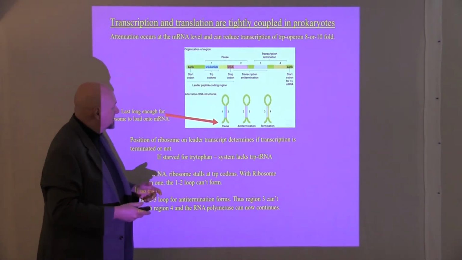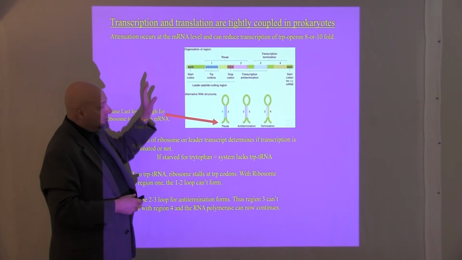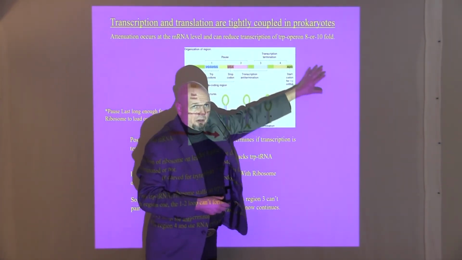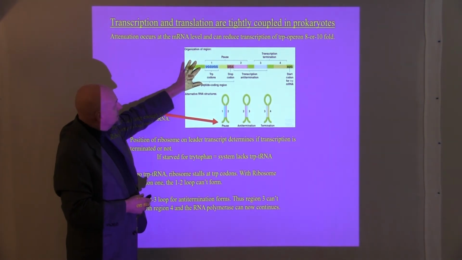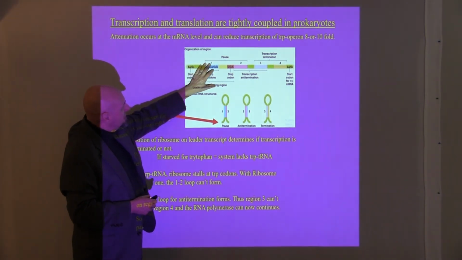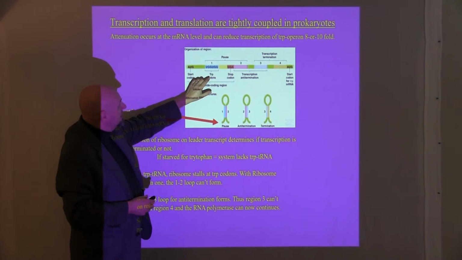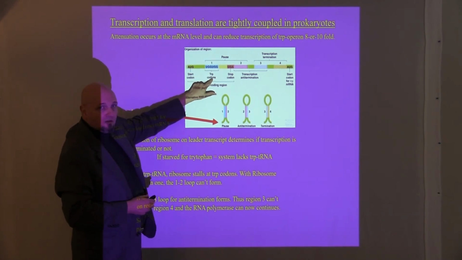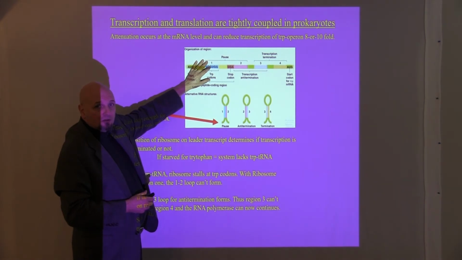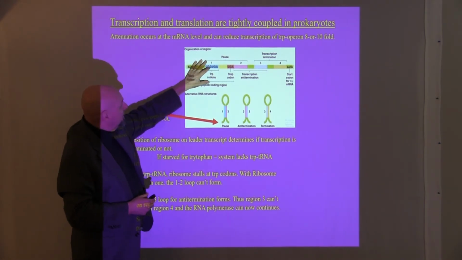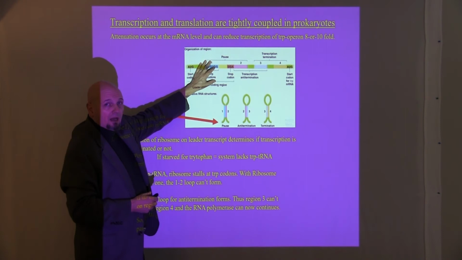So we'll review that again. As the RNA polymerase is going along here, the ribosome attaches. It starts to move along here, making a very short peptide, and as it gets to these tryptophan codons, it's going to look for tryptophan charged transfer RNAs. If there are none there, it'll stop and kind of hold up here.